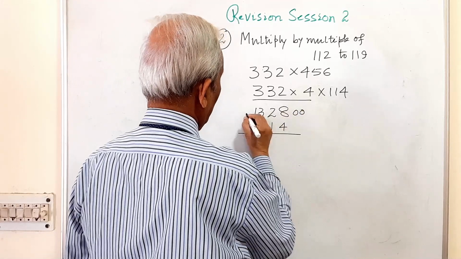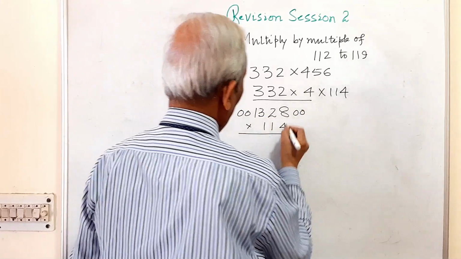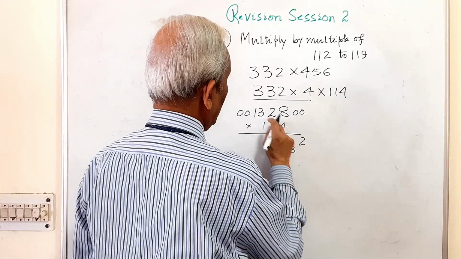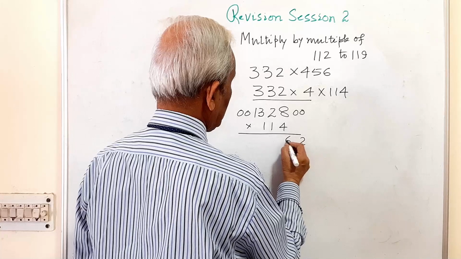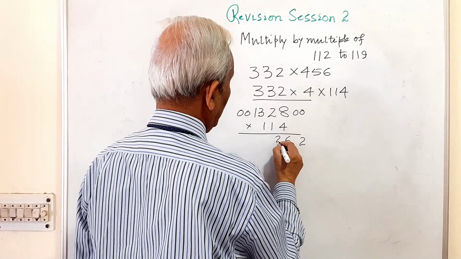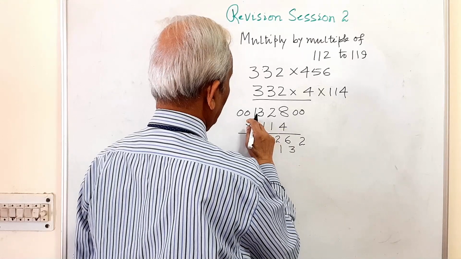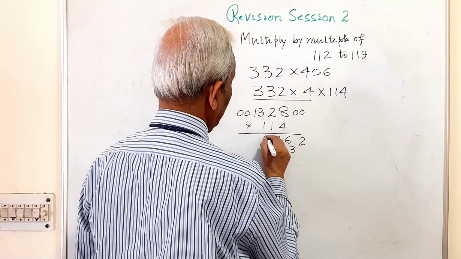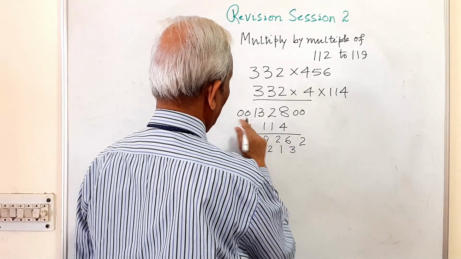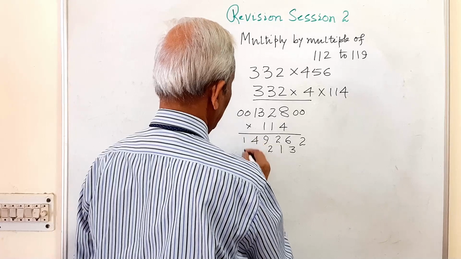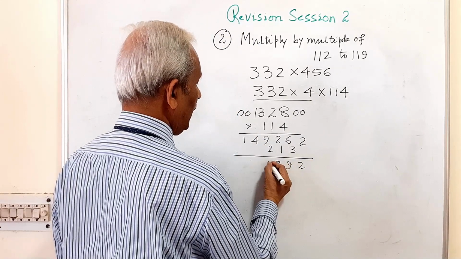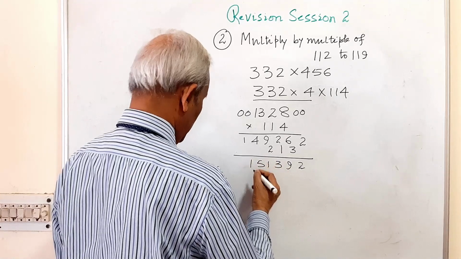Just write here 0, 0. 4 eights are 32 plus 0 plus 0, 32, 2 here, 3 here. 4 times 8 plus 8, 16 plus 0, 16, 6 here, 1 here. 3 fours are 12 plus 2, 14 plus 8, 22, 2 here and 2 here. 4 into 1, 4 plus 3, 7 plus 2, 9, 9 here. 4 into 0, 0 plus 1 plus 3 is 4 here, and 4 into 0, 0 plus 0 plus 1 is 1 here, and the answer is 1 5 1 3 9 2.